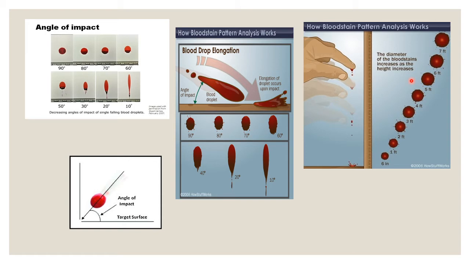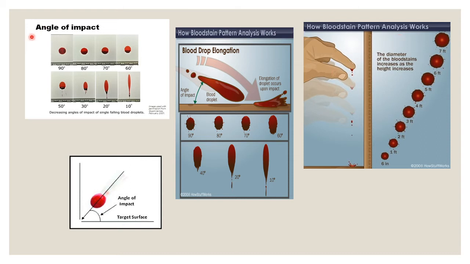If it is falling from 7 feet, it will be bigger in size, and if it is falling from 1 foot, the diameter will reduce. So from identifying this shape of the blood stain, we can identify the height from where it originated.